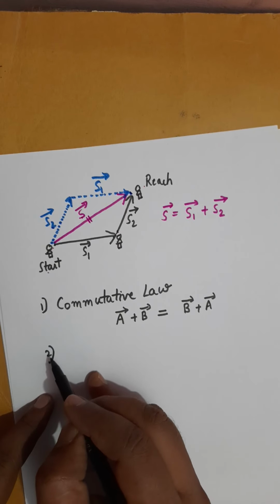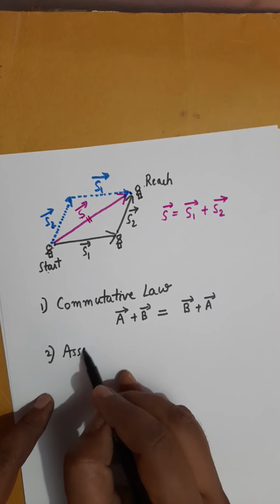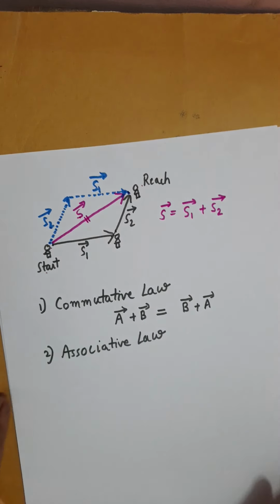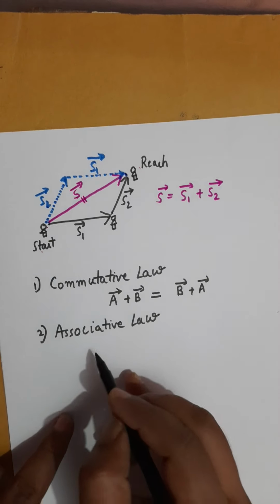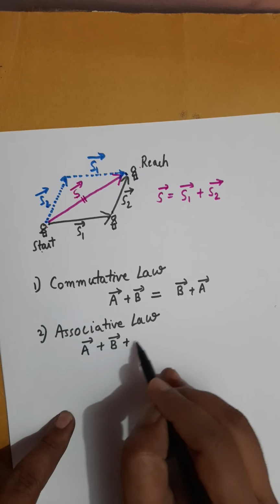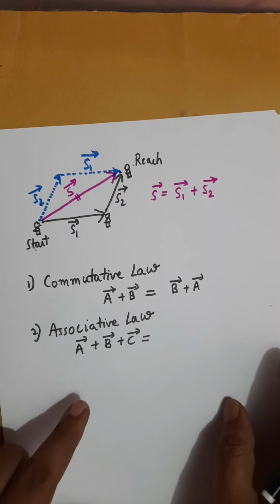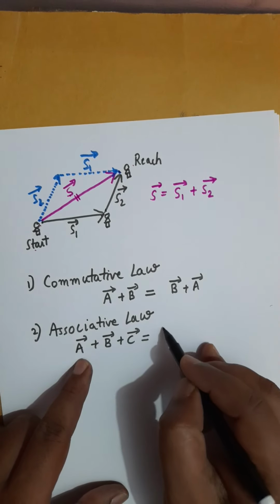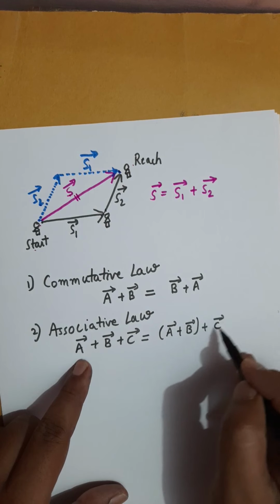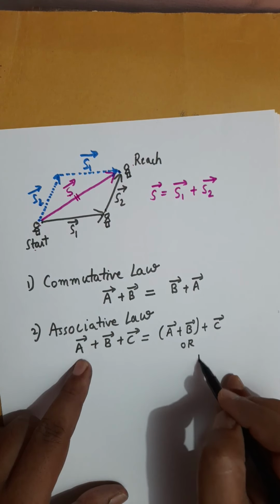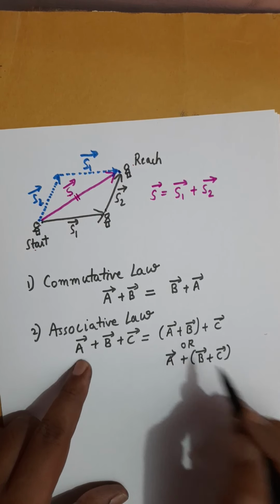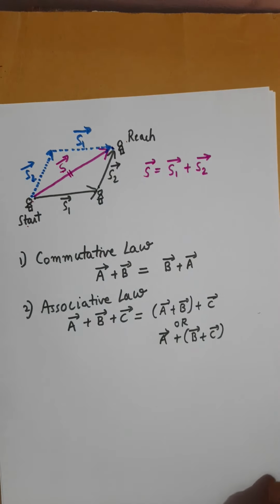The second law regarding vectors is the associative law. And what is the associative law? You can associate the vectors in any order. Like if you want to add three vectors A, B, C, then it can be done by associating A and B first and then adding vector C, or by associating B and C first and then adding vector A. They have the same result.